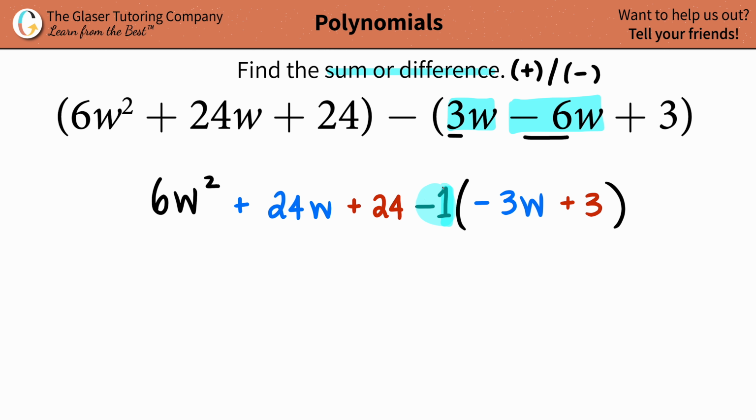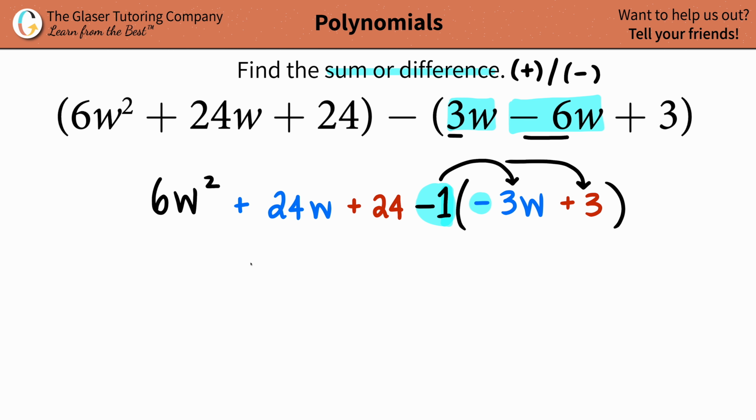If you have a plus in front of a value, that 24 is a positive. But if you have a negative in front of a number, that 3 is a negative 3. So the same thing here. There was a negative in front of the 1. That's a negative 1. And we're going to be multiplying each term in the parenthesis by the negative 1. But you've got to be fair. If you're going to multiply this first one, you've got to multiply the next one. So that's how we're going to take it out of parentheses.